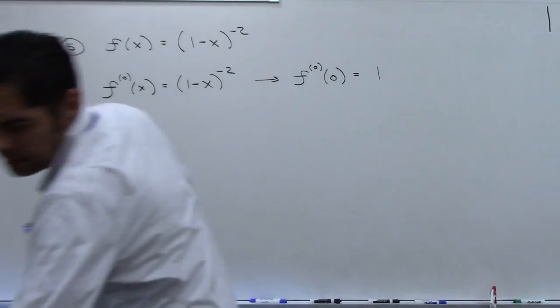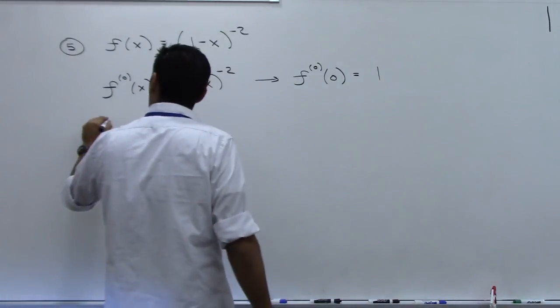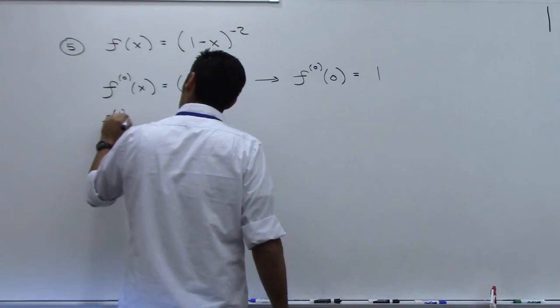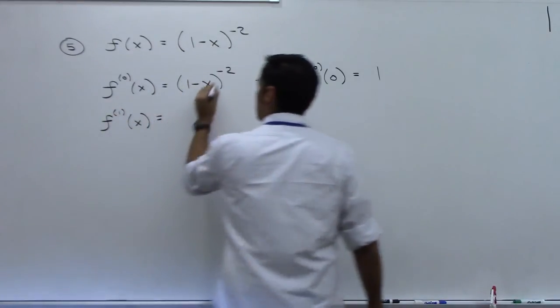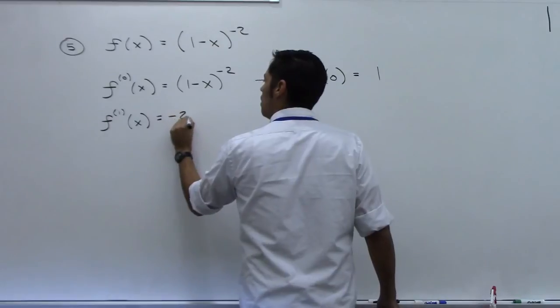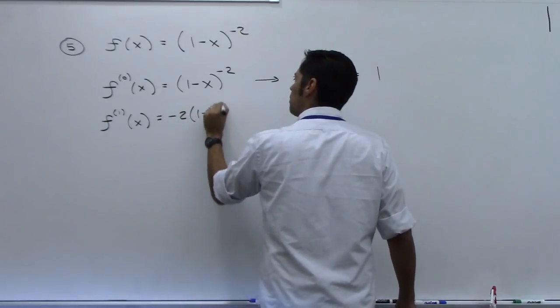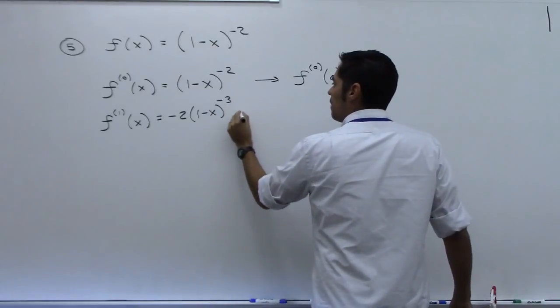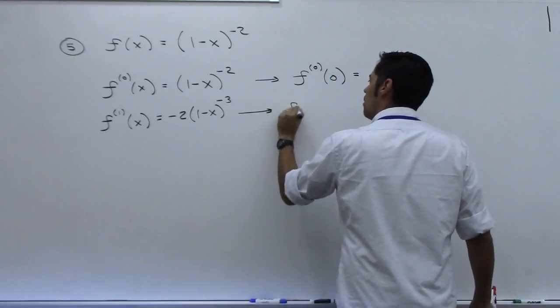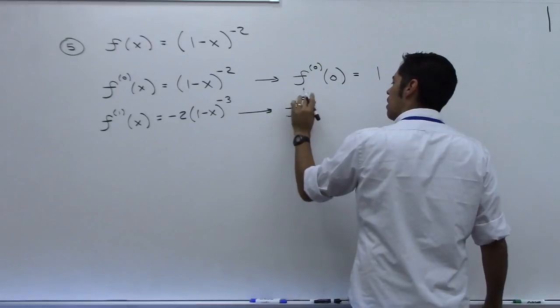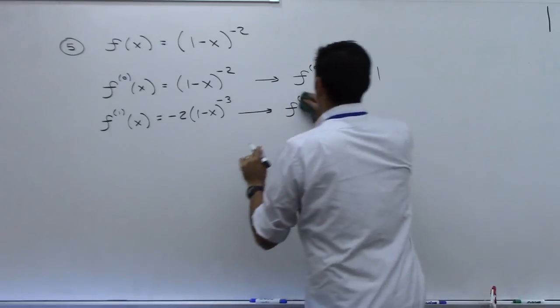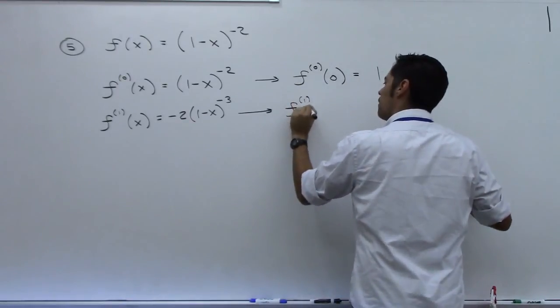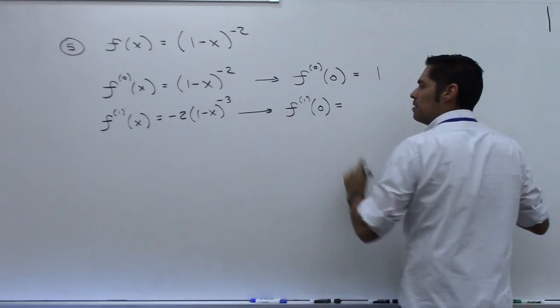And then we take the first derivative. So now we just bring out the negative 2. (1 minus x), we subtract 1 from negative 2, we get negative 3. And now we'll figure out what the first derivative is at 0, because it's a Maclaurin series again.